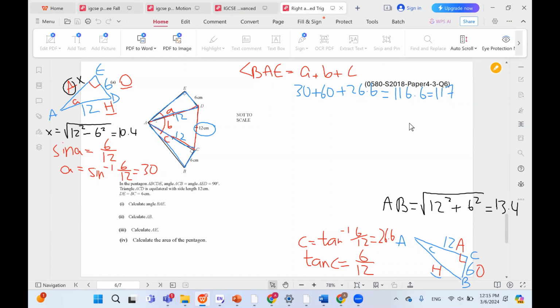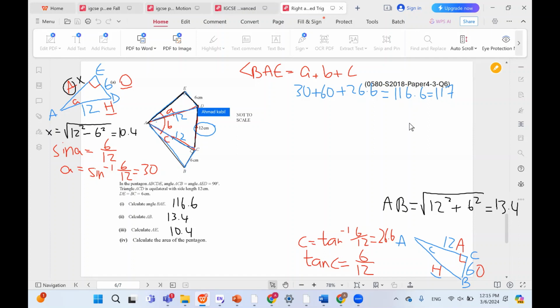So let's just write the answers down. Angle BAE is 116.6. Side AB is 13.4. Side AE is 10.4. Finally, we want to calculate the area of the pentagon. The pentagon is the whole shape.